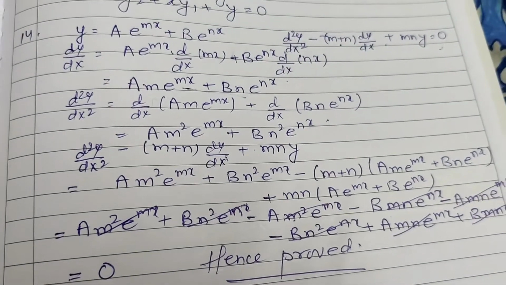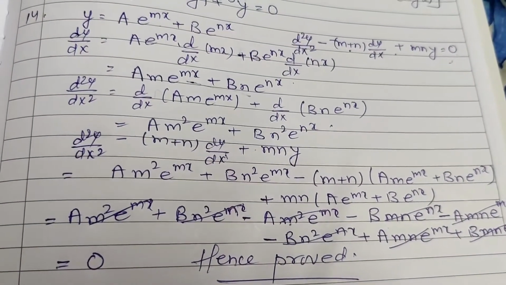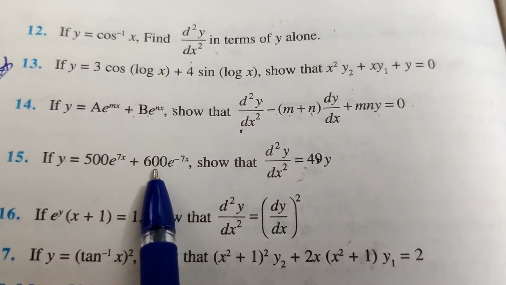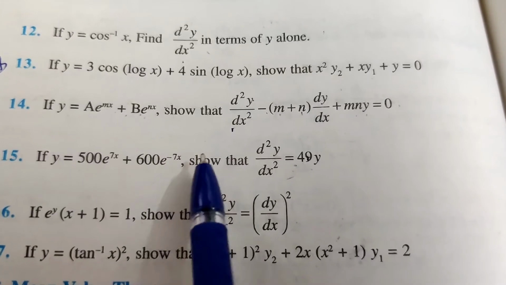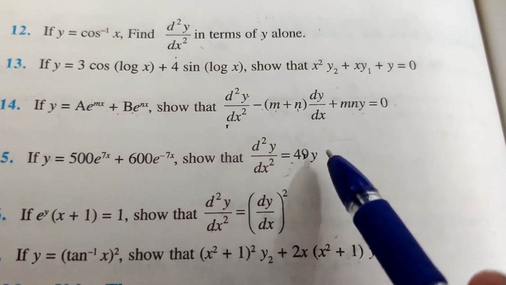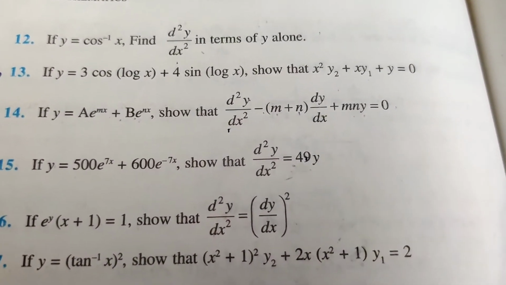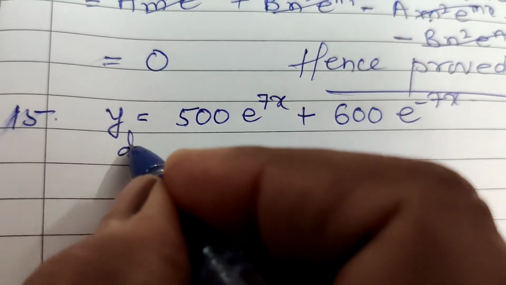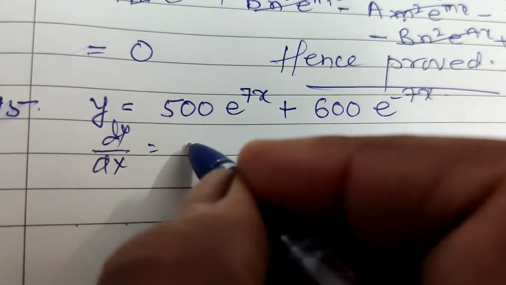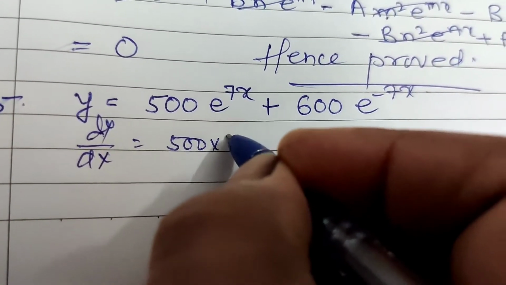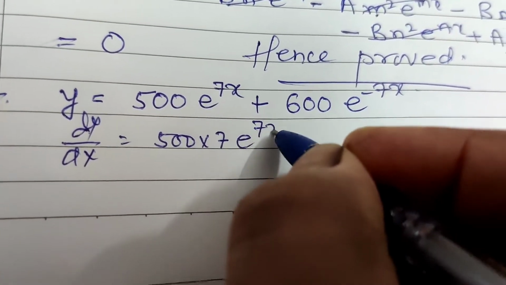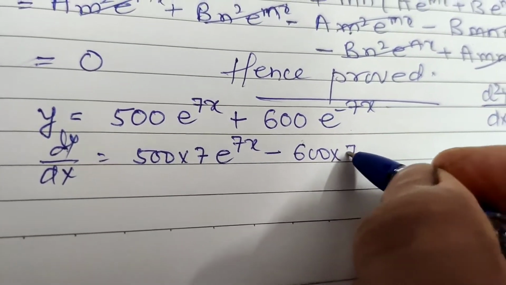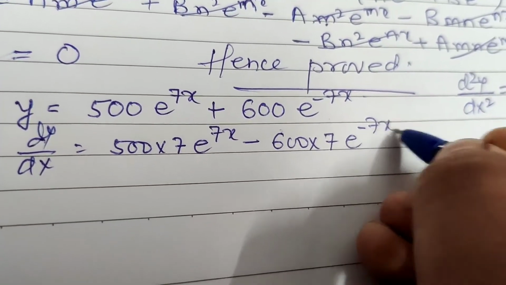Next, question number 15. If y equal to 500 e raised to power 7x plus 600 e raised to power minus 7x, show that d2y over dx square equal to 49y. dy over dx is 500 into 7 e raised to power 7x minus 600 into 7 e raised to power minus 7x.